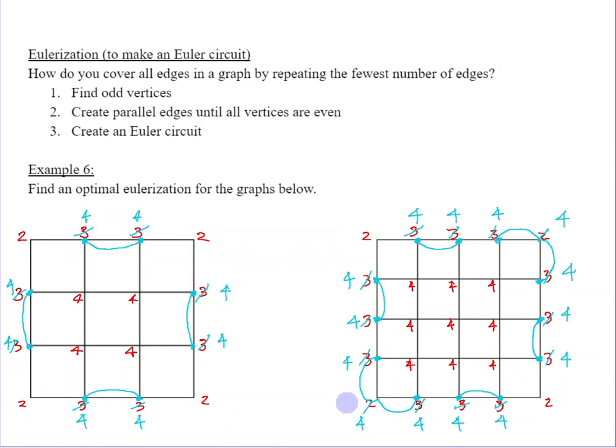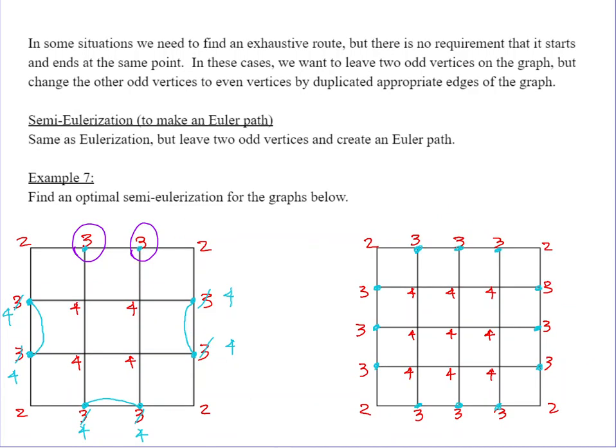Basically, I'm going to do the same thing I did here, except I'm going to leave 2 of these odd vertices disconnected. So, which would be cheaper? To delete this edge and make these 2 my odd vertices, or to delete both of these edges and make these 2 my odd vertices? Well, clearly the second one. You want the fewest extra edges possible. So that's what I'm going to do.